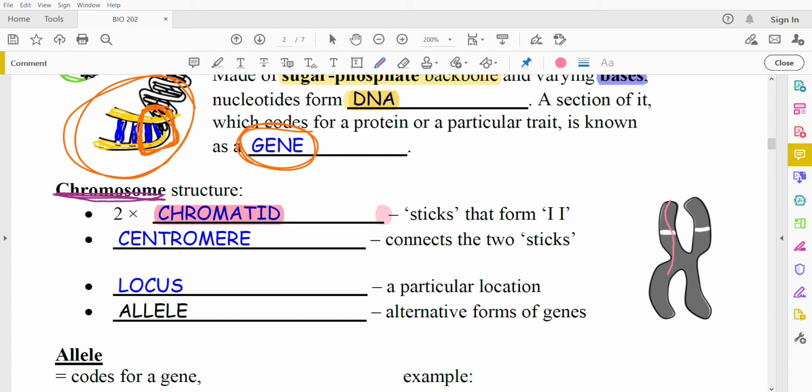So here we would have 1 chromatid, and then let's have a look at a second chromatid.